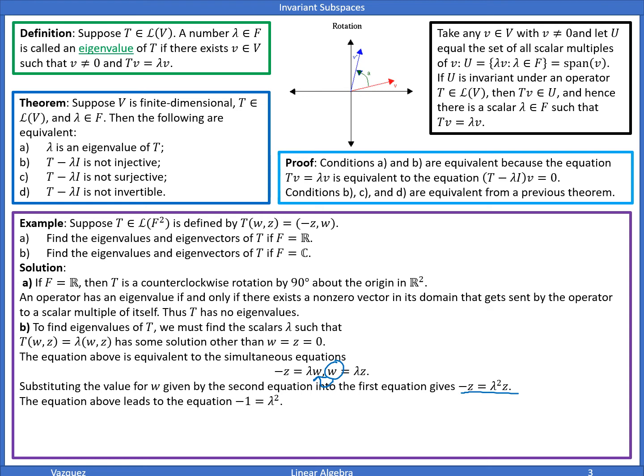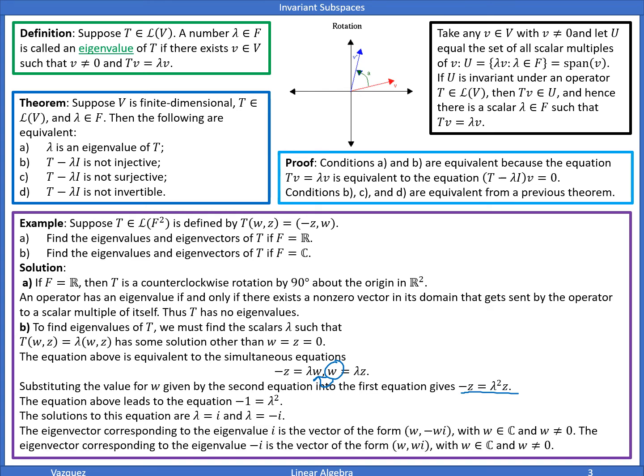Well, now we can divide by z since we know it's not equal to 0. And we get that negative 1 is equal to lambda squared. Now, what is lambda going to be in this case? Well, lambda is going to be equal to i and negative i. So those are our eigenvalues.